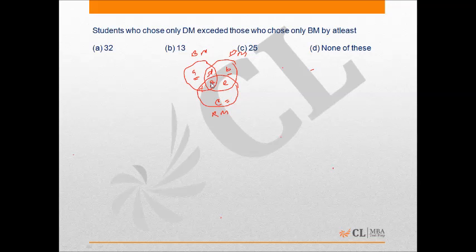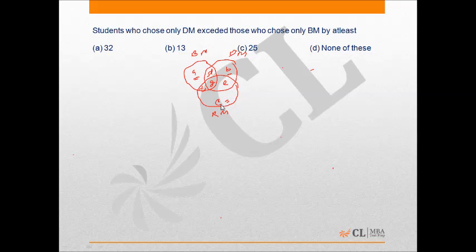Similarly, D is the number of students who choose only BM and DM, that is BM and DM but not RM. Similarly, we can give account of E and F. G is the number of students who choose all the 3 subjects out of BM, DM, and RM.